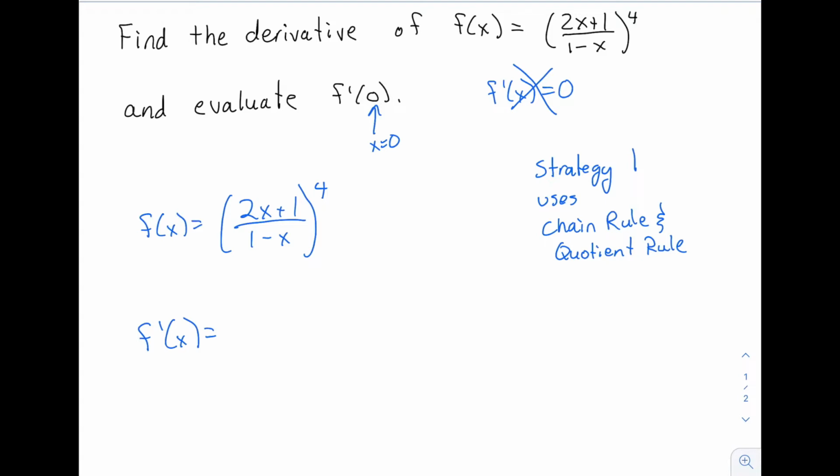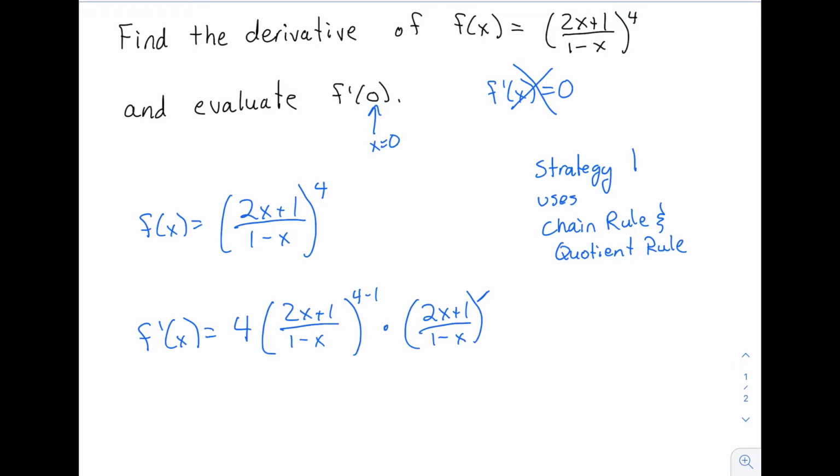So I'll bring my 4 down as a coefficient, copy down my inside function, and then subtract 1 up here. That takes care of the outside function. We use the power rule right there. And then we've got to take the derivative of the inside function. For now, I'm just going to mark that we need to take the derivative. We already said in this particular case, we're going to be using the quotient rule.